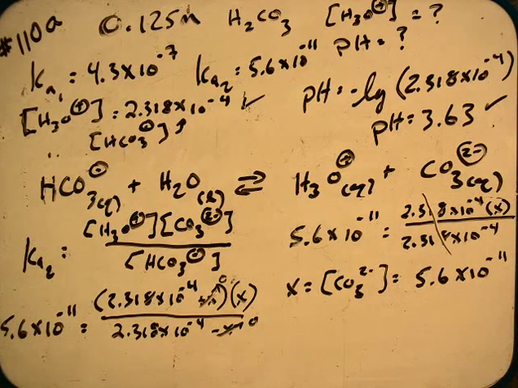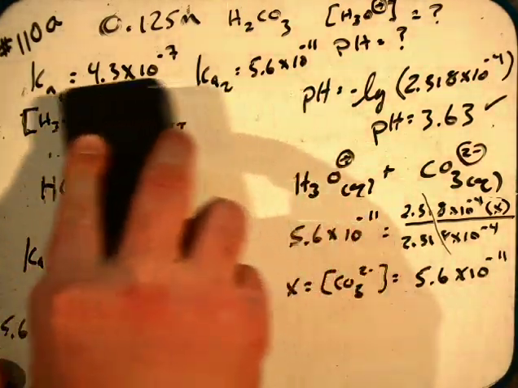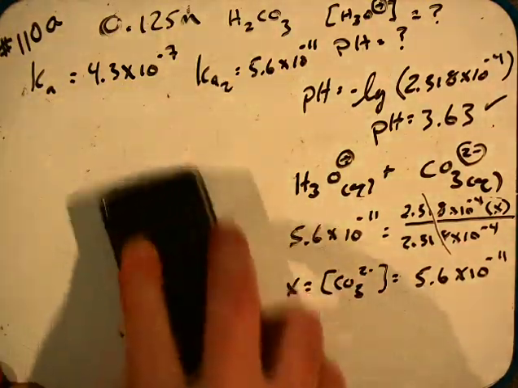So from this we can actually figure out now all the concentrations that actually exist in this solution. To begin, I'm just going to make a little bit more room here.